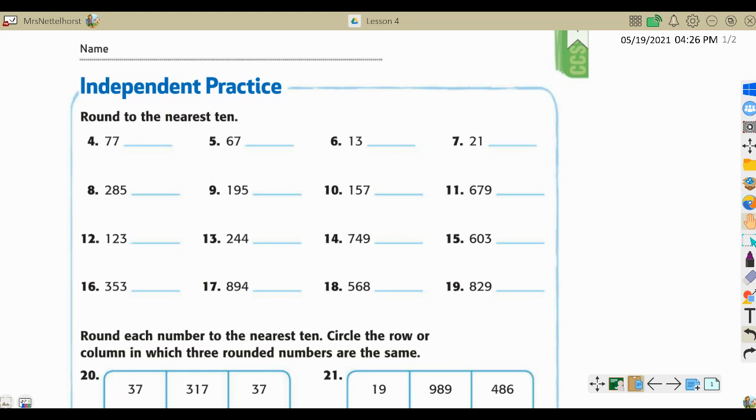So your ones will all have to be 0. Your hundreds will stay the same, but then that tens digit might change depending on whether you round up or not. Okay, so do all of those. Please use scratch paper to figure them out if you need to. I recommend it, especially until you get good at it. Eventually, you'll be able to just look at it and say, oh, I know what this is. But you may not be there yet, so use your scratch paper.